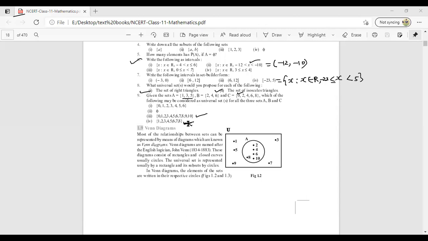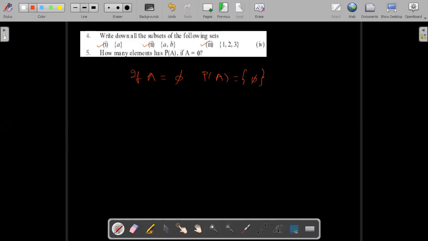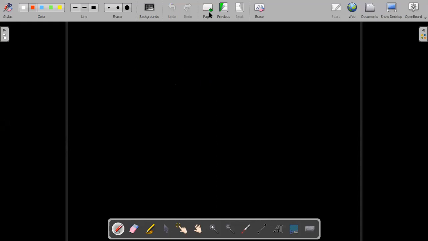Okay, now we will start Venn diagram. So what is Venn diagram?